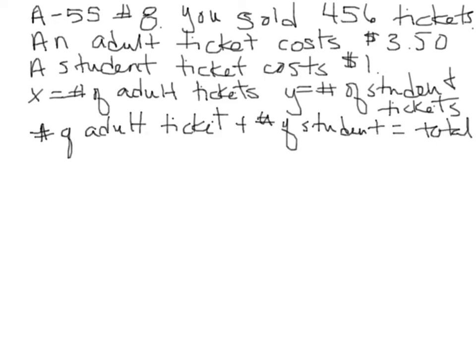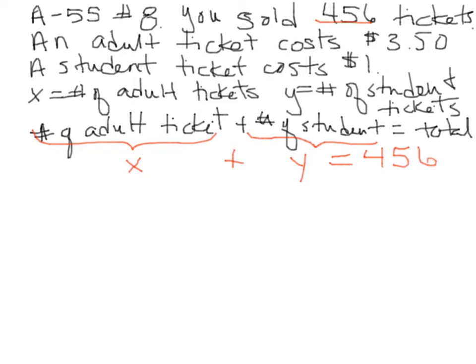So in this case, let's go ahead and write our first equation. We know the number of adult tickets is X, plus the number of student tickets is Y, and that's equal to the total. The total number of tickets in our problem is 456. So there's our first equation.